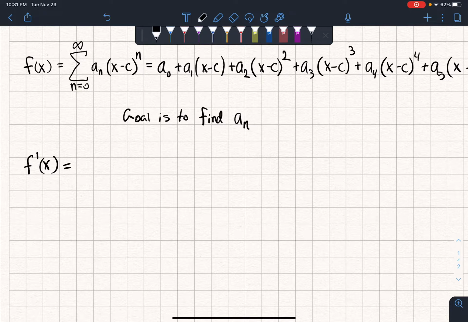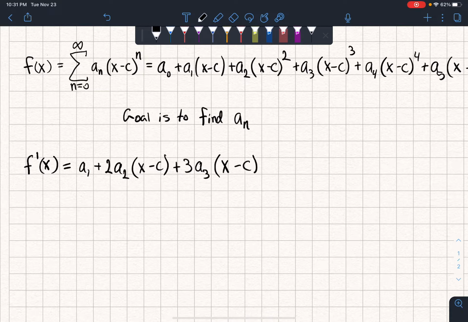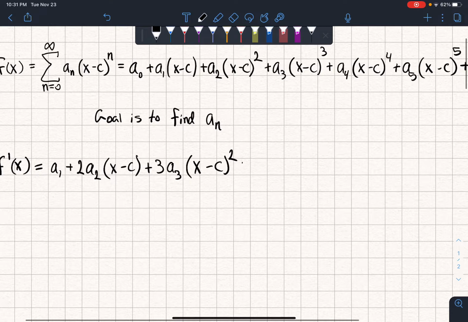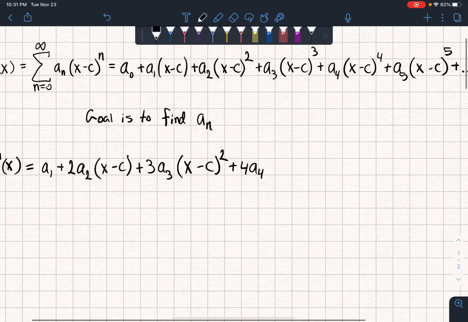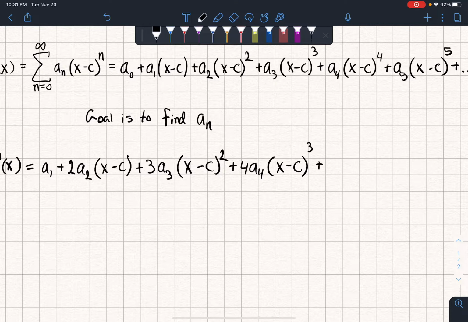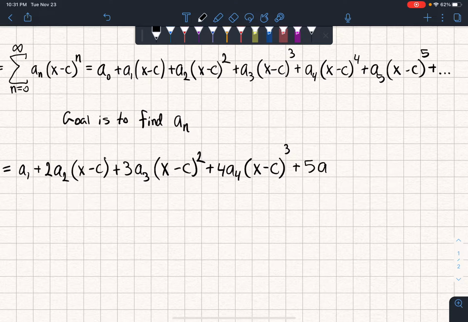So f prime of x is going to equal a sub 1 plus, applying the power rule, 2 a sub 2 (x minus c) plus 3 a sub 3 times (x minus c) squared plus 4 a sub 4 times (x minus c) cubed plus 5 a sub 5 times (x minus c) to the fourth, and so on.